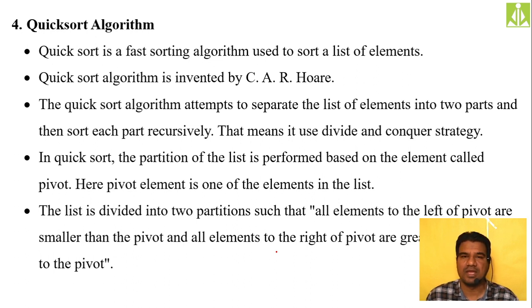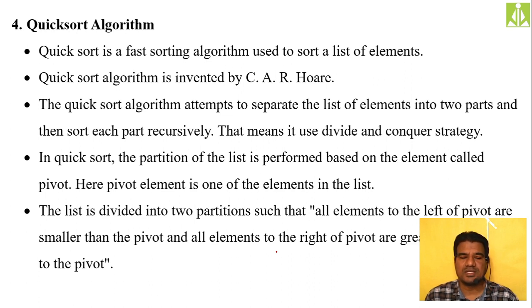We will not go in that way, but we divide the list into two partitions or two parts, such that we will make the center element a pivot element. Whatever elements we are going to have before that pivot element, they should be smaller, and whatever elements we are going to have after the pivot, they should be greater, larger.